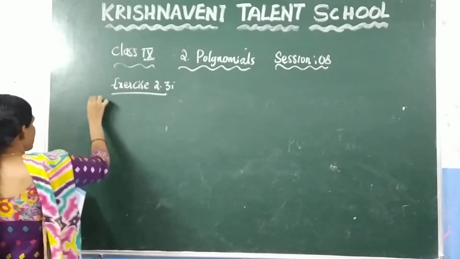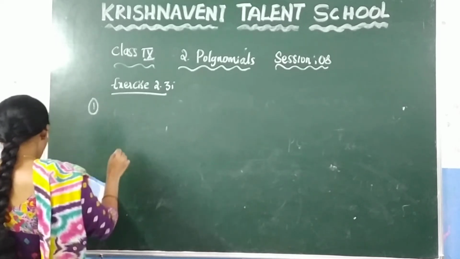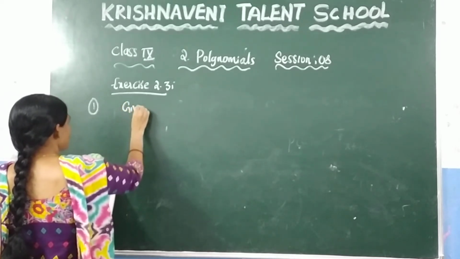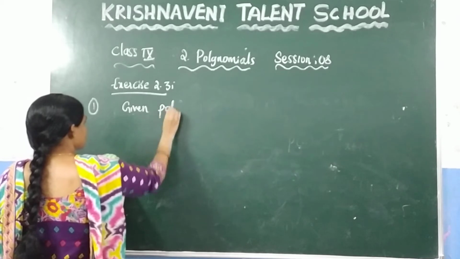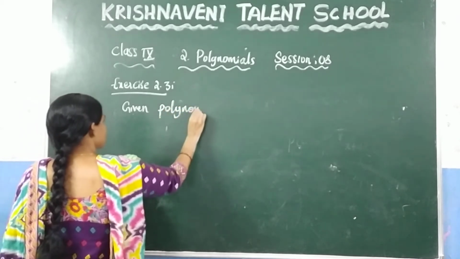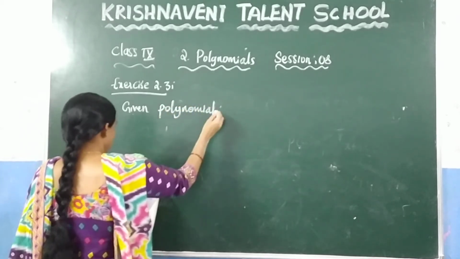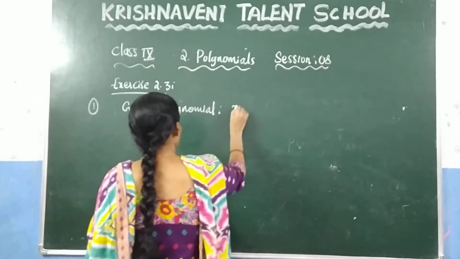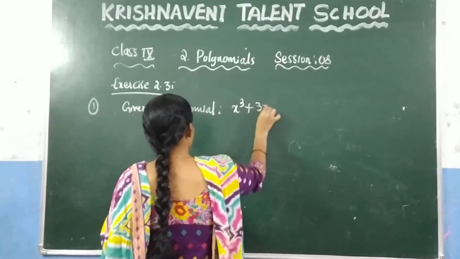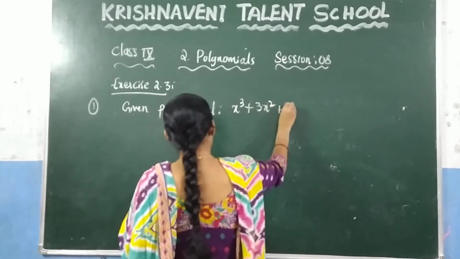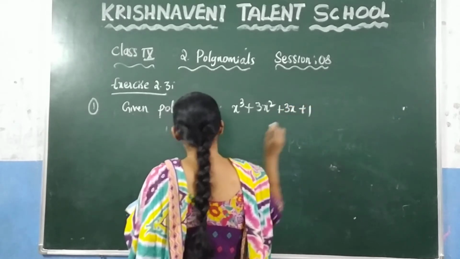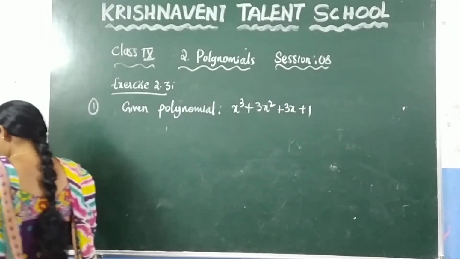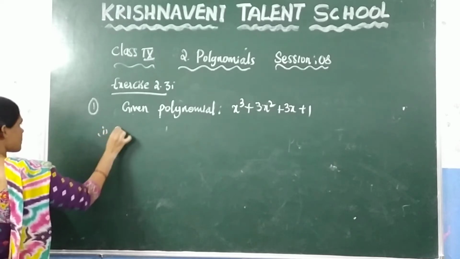In the first question, what is the given polynomial here? They have given the polynomial x cube plus 3x square plus 3x plus 1. Now here in the first question they have given x plus 1.